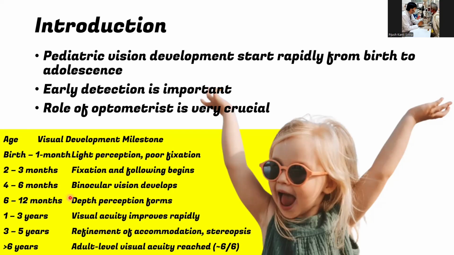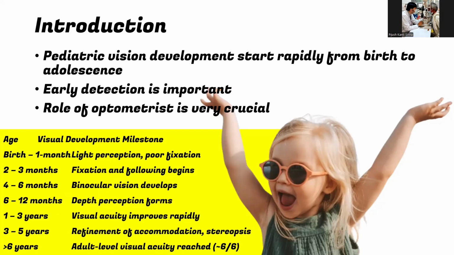Both eyes start working together and babies start judging where things are in space, and their eye movements become more accurate. Then 6 to 12 months, depth perception forms during this period. Now they can tell how far or near something is. That's why they start reaching for objects confidently.